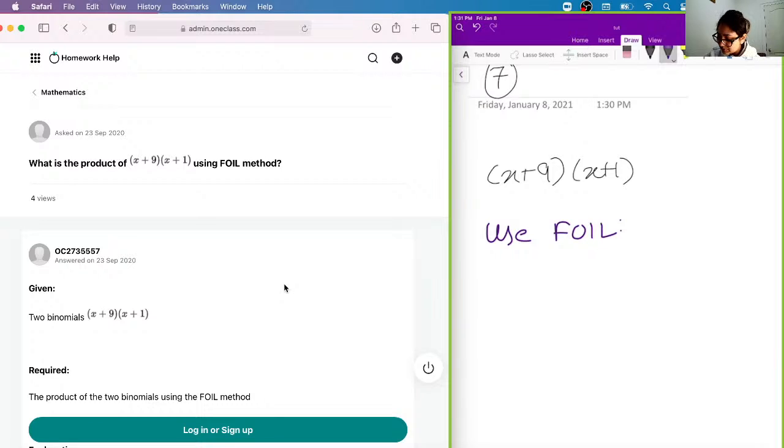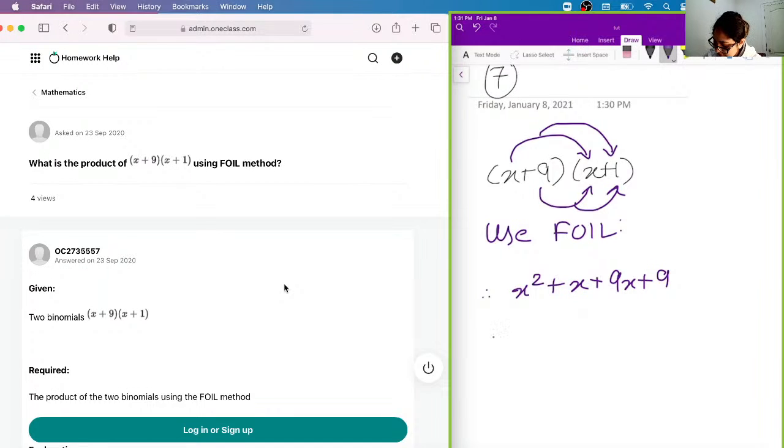So what we do, we're just going to distribute and multiply each term out. So we do first, let's do x times x, x times 1, then 9 times x, 9 times 1. So x times x is x squared, x times 1 is x, and then you have 9 times x, which is 9x, plus 9 times 1, which is 9.